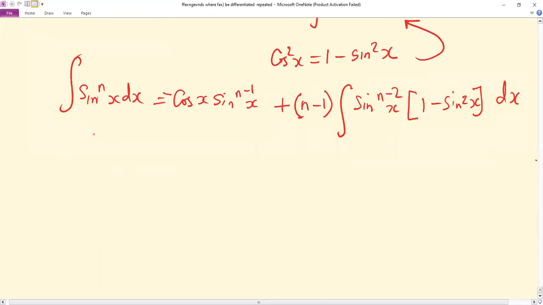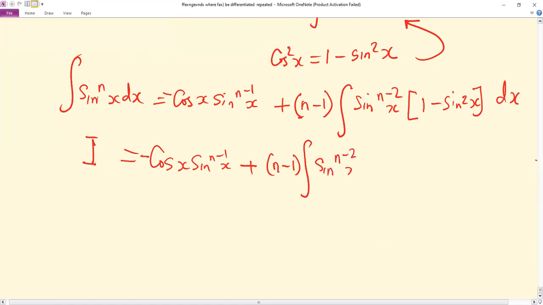Now if I let this be I, then I'll have minus cos x sine power n minus 1 x plus n minus 1 times the integral of sine power n minus 2 x dx. This by this, so I'll have minus n minus 1, and n minus 2 plus 2 gives me n, so sine power n x dx.